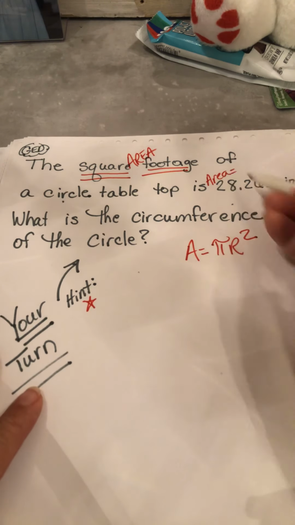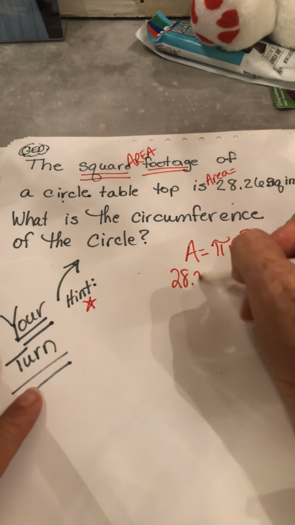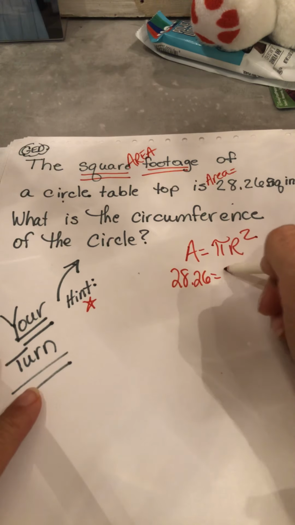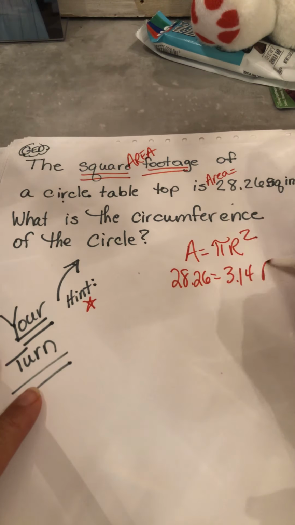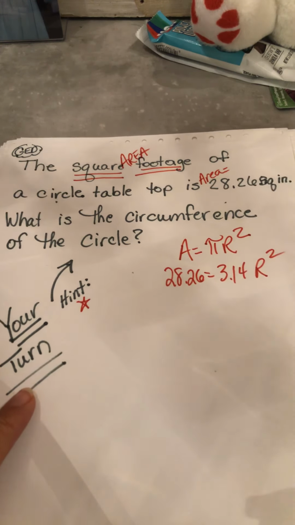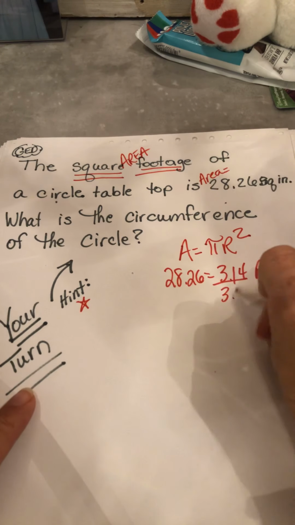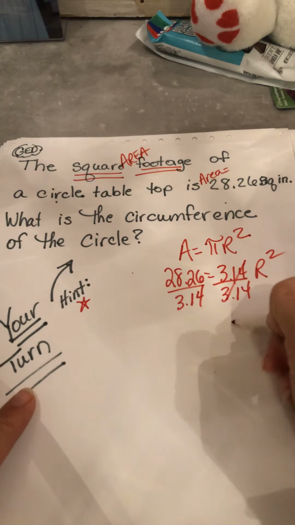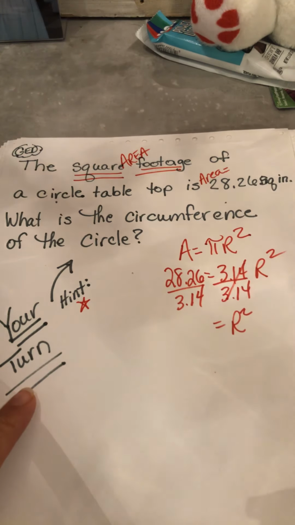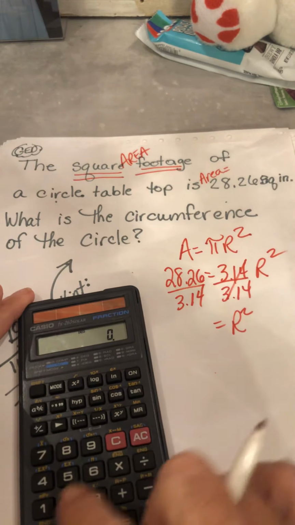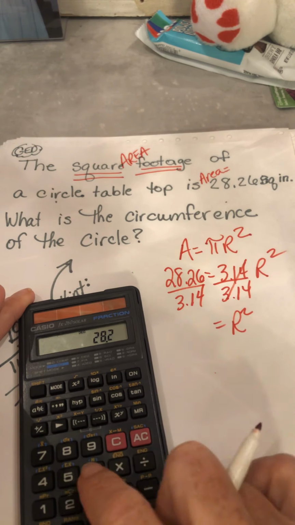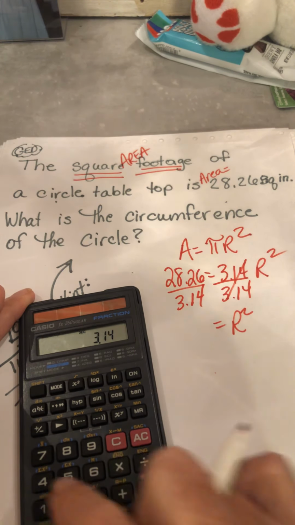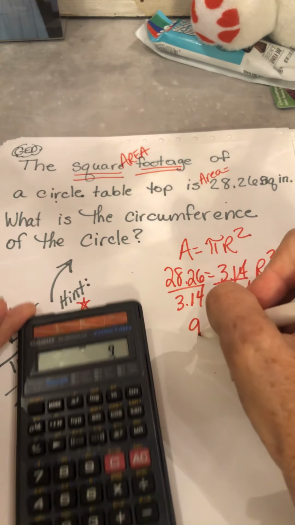So I know 28.26. I know pi is 3.14, and I do not know what r is. So we know what to do here, and you guys were doing really good on this part of the quiz. I get r squared, I take my calculator out, 28.26 divided by 3.14 is 9.